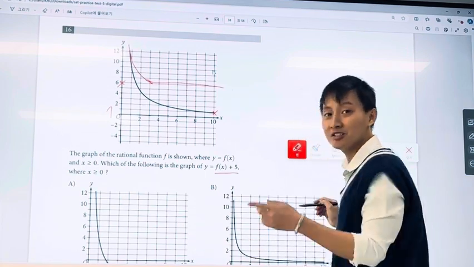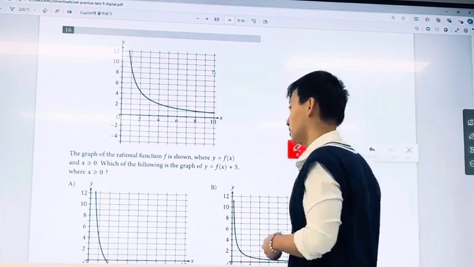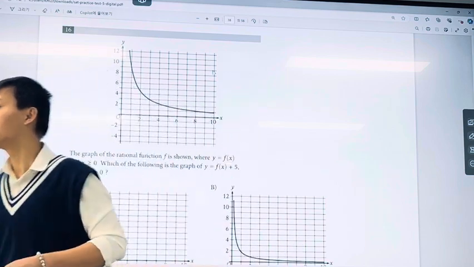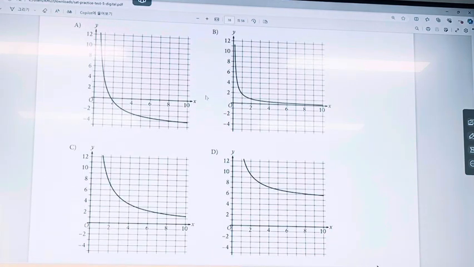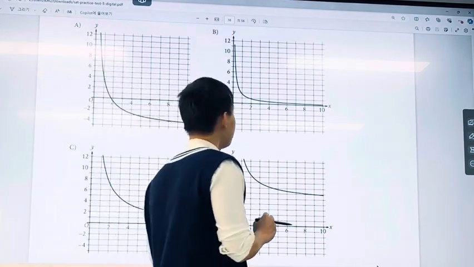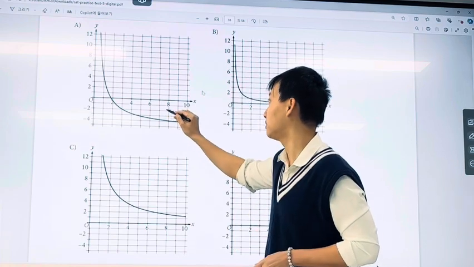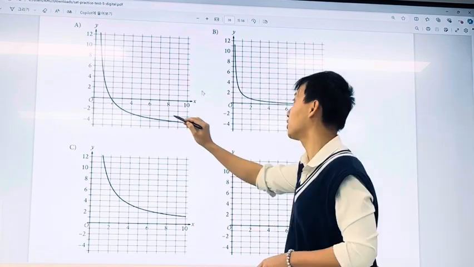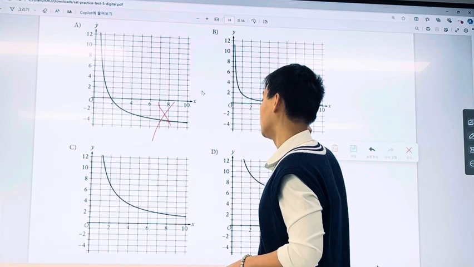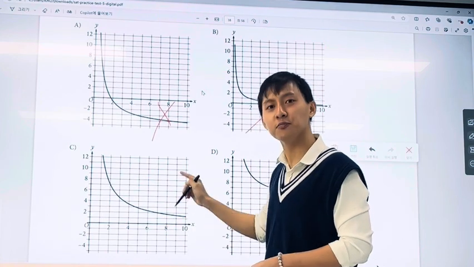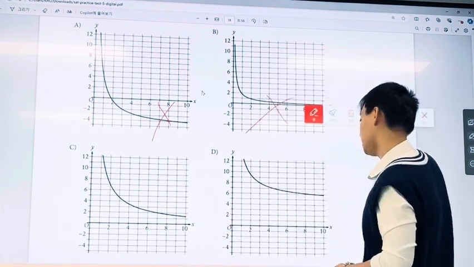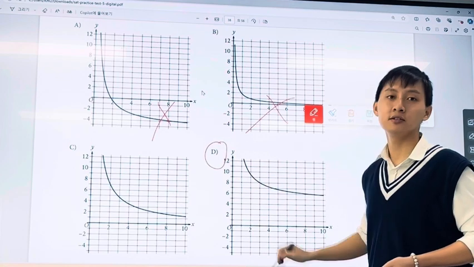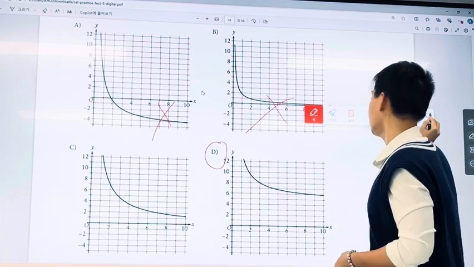Okay, so now let's check the answer. You can see it moves down. We reject all the answers related to down. But it should be increased by 5, right? Only answer D is correct. Right? Good.